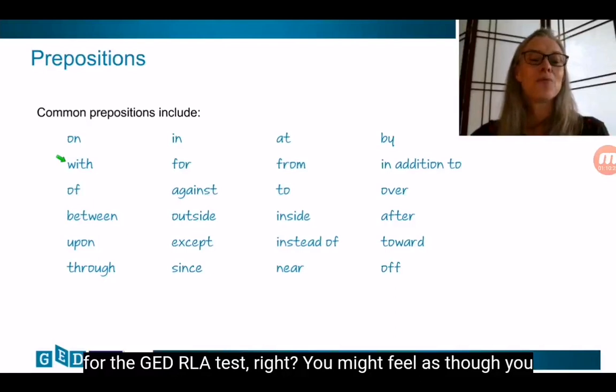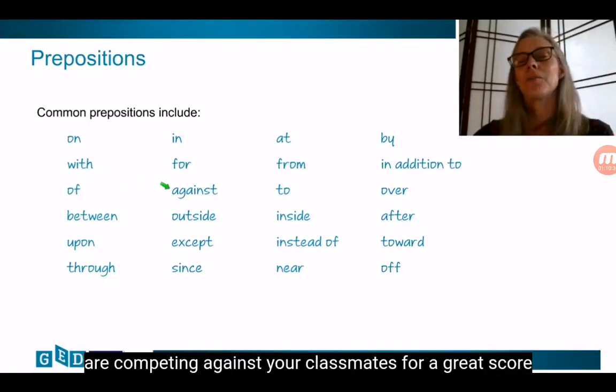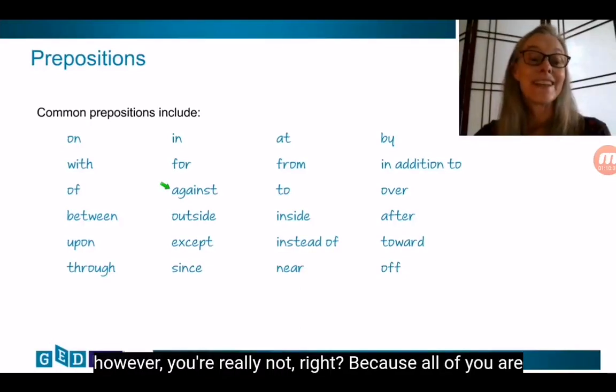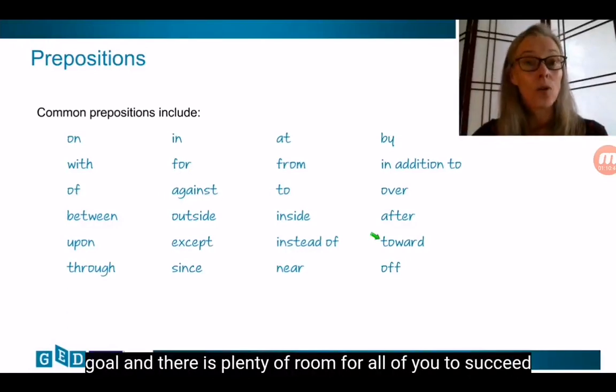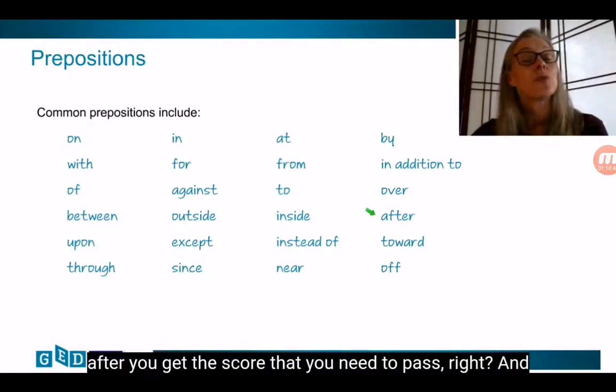You might feel as though you are competing against your classmates for a great score. However, you're really not, because all of you are in this together. You're all working toward the same goal, and there is plenty of room for all of you to succeed after you get the score that you need to pass.